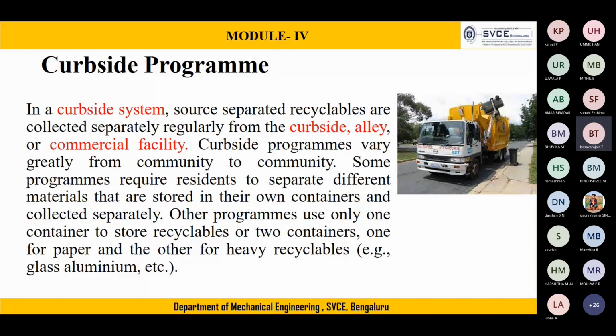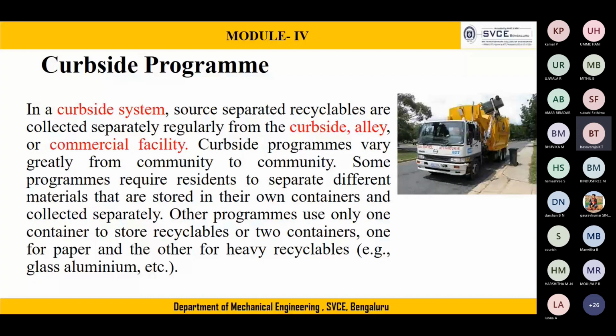Other programs use only one container to store the recyclables, or two containers, one for paper and another for the heavy recyclables, like glass, aluminum, metal wastes and wooden wastes. All these are very heavy recyclables.